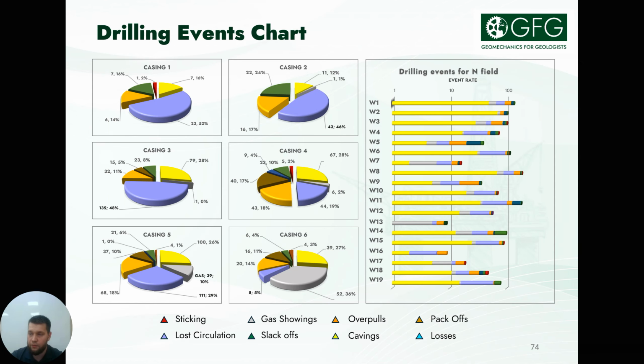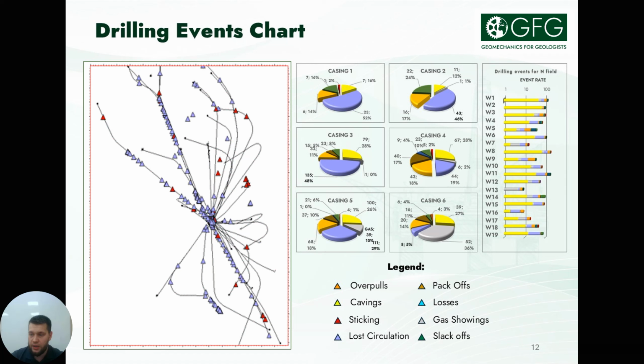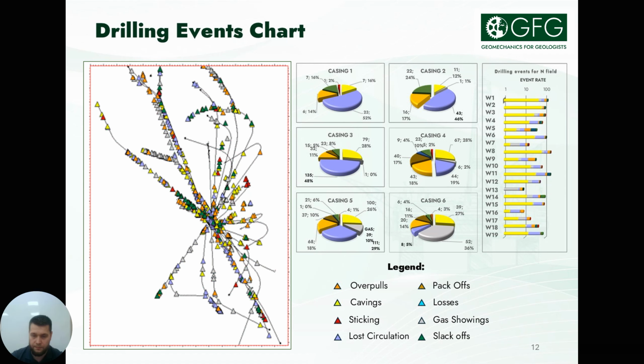The following graph shows the distribution of drilling events in diagrams in different cases and different stratigraphy. To better understand the drilling events, you can build a map of drilling paths.